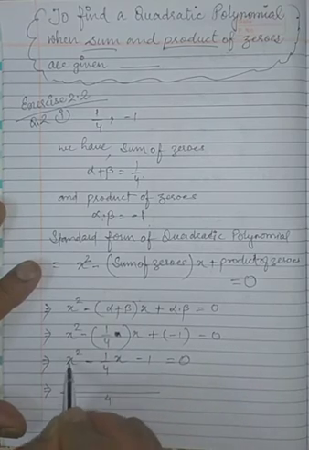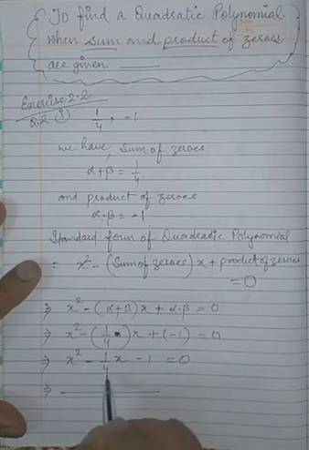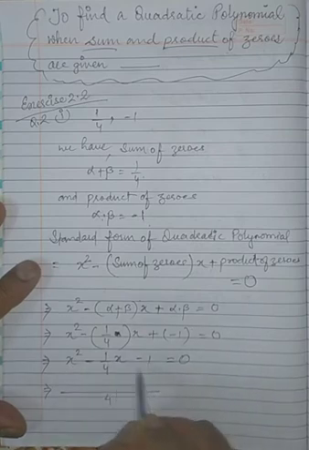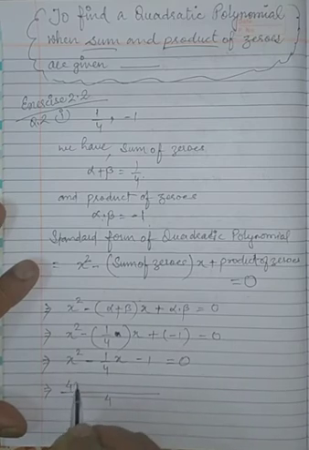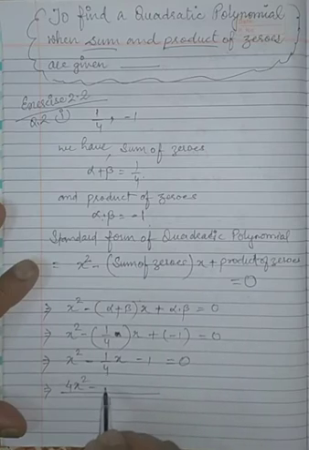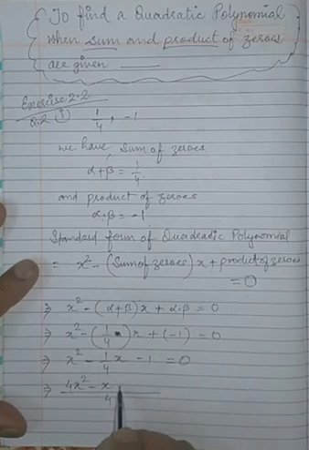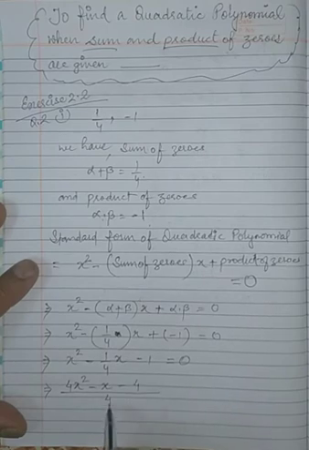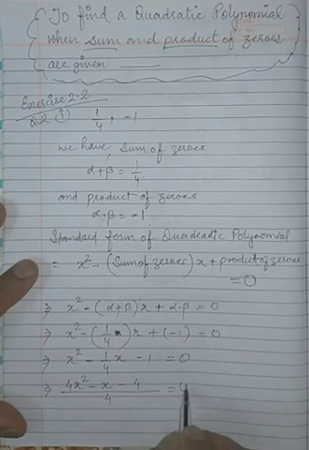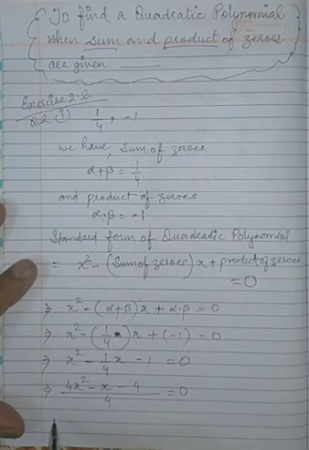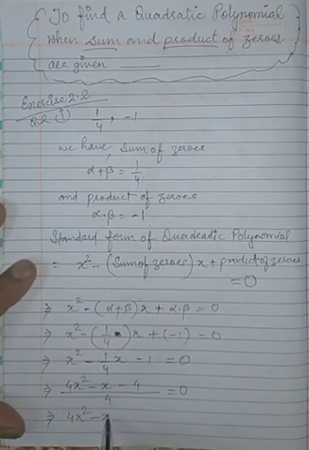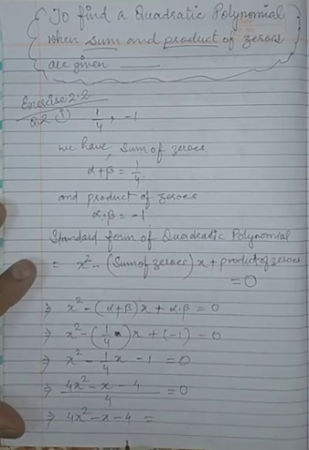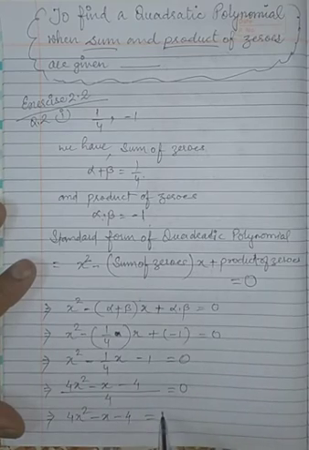You can assume it as x square upon 1 minus 1 upon 4 x minus 1 upon 1, and the LCM of 1, 4 and 1 will be equal to 4. So it becomes 4x square minus x minus 4 upon 4 equal to 0. That implies 4x square minus x minus 4 equal to 0 into 4.